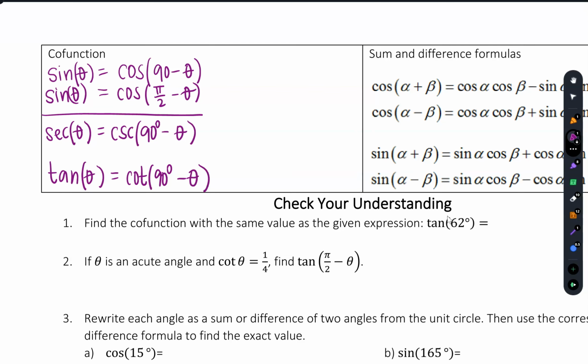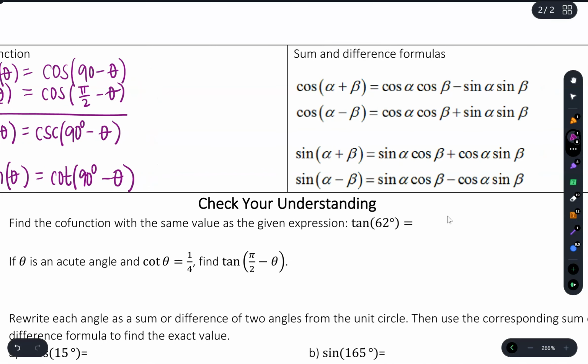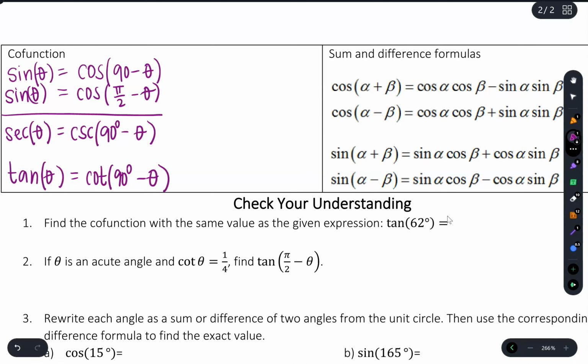All right, our sum and difference formulas. So we've got cosine of alpha plus beta. These will be given to you on your test if we use them on our test. So we're really just understanding that if we can't evaluate some given angle, we can separate it as two sums or two differences of angles.